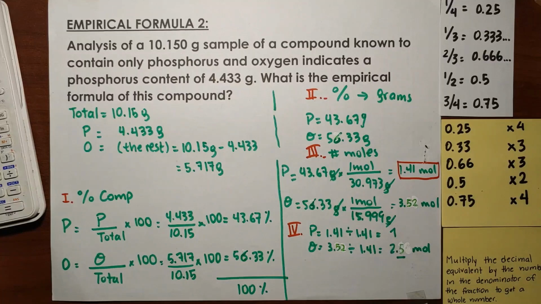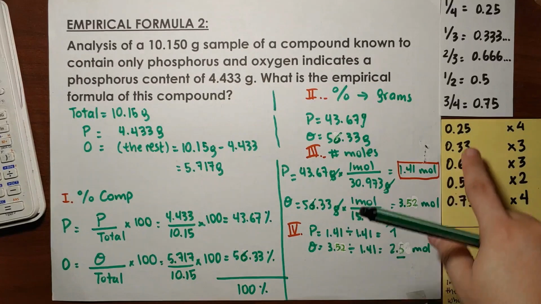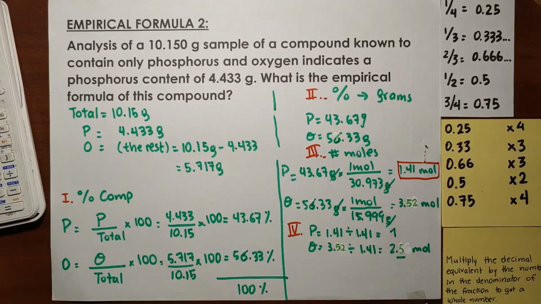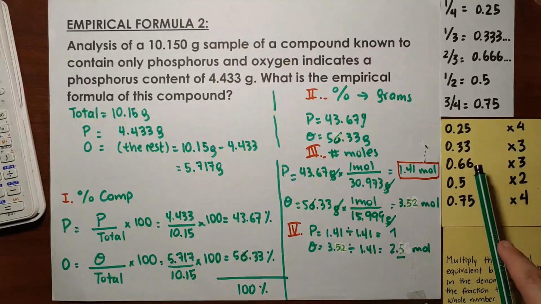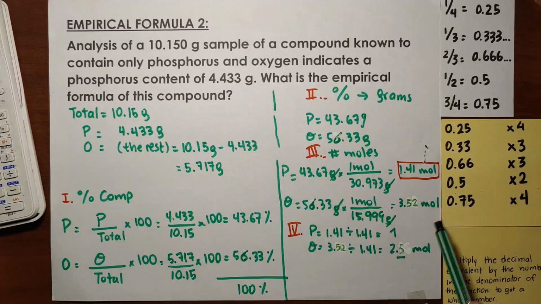So I have to multiply all of it times the denominator 2. Or in other words, if you have a decimal number of 0.5, multiply times 2. If you have, for example, 0.66, multiply times 3. But you have to multiply all the elements, not just the one decimal.